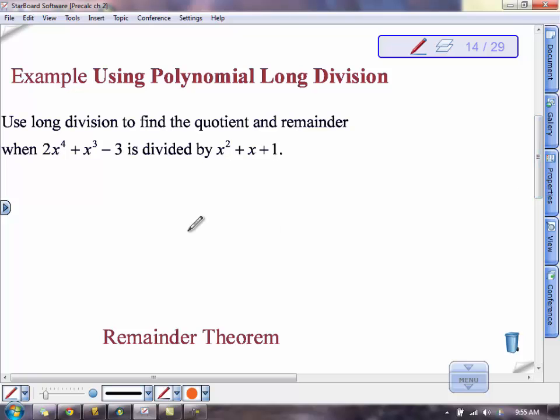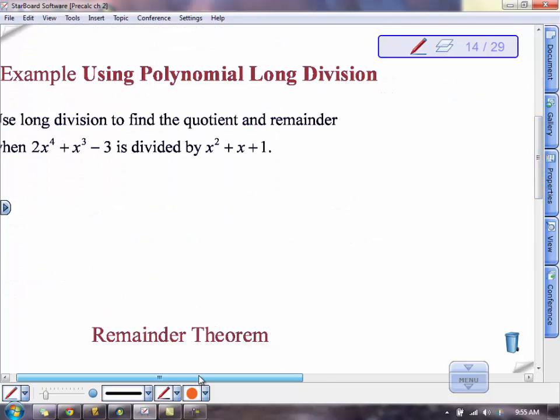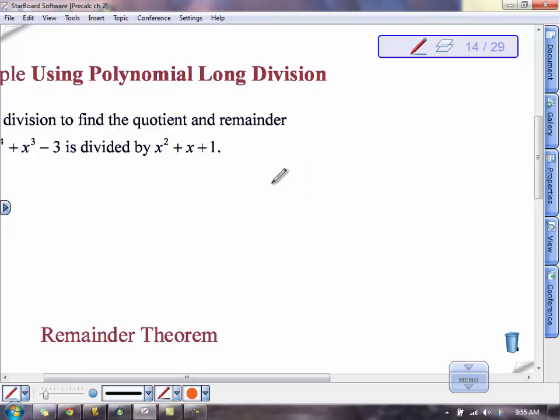Here's an example. I want to do a long division with this polynomial. To do long division, make sure everything's in standard form.